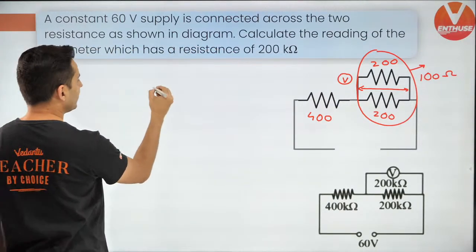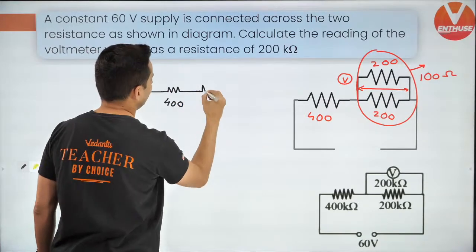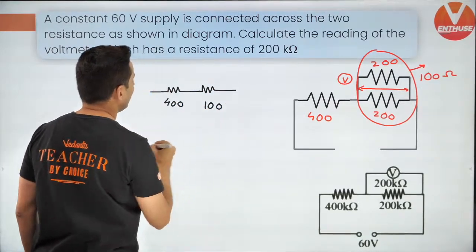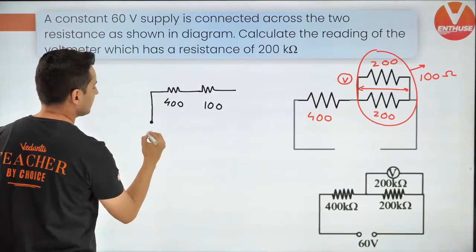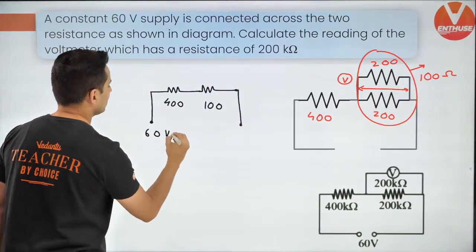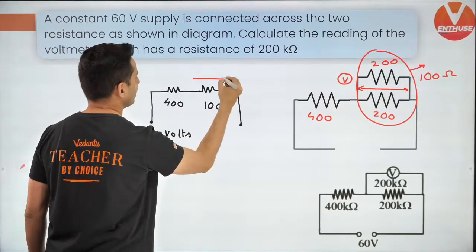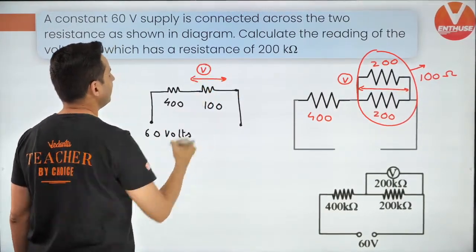So the new circuit is going to look like this. This is 400 and there is 100 here, and this is at 60 volts potential difference. And the question asked is, what is the voltmeter reading here?